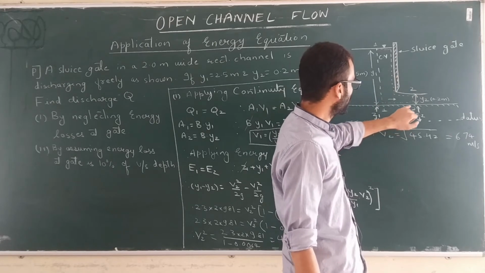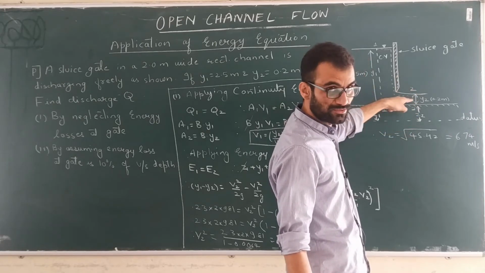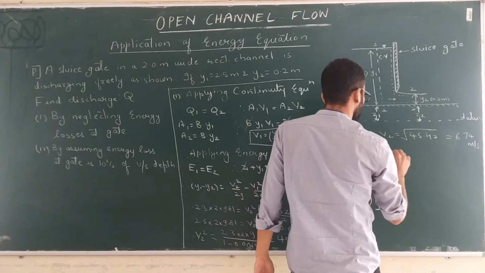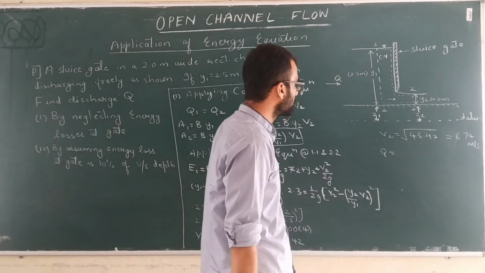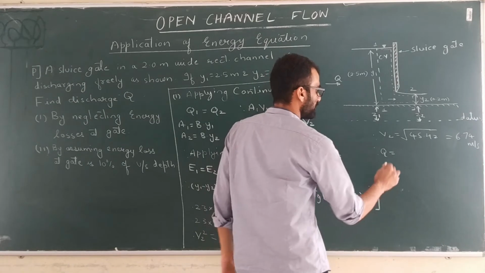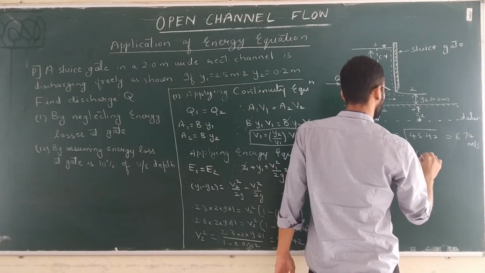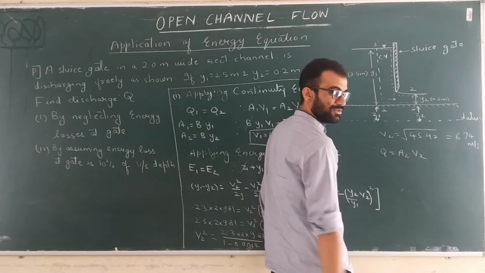Now we know the average velocity at section number 2, so we can calculate the discharge. It is simple. Discharge is equal to area into velocity, so at this section it will be A2 into V2, flow area into average velocity.